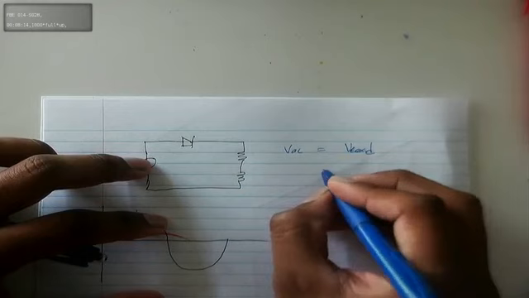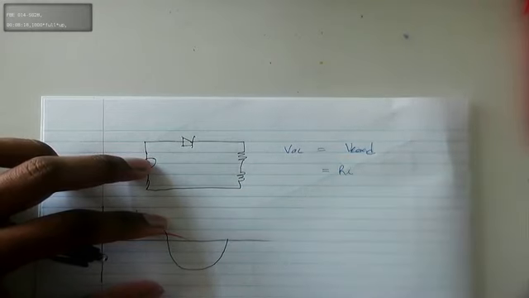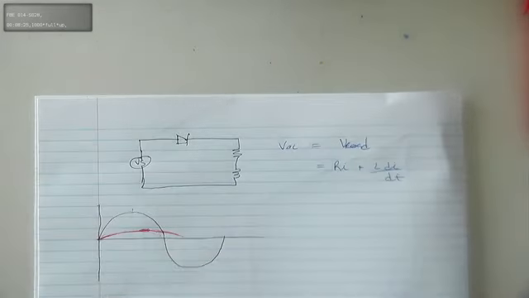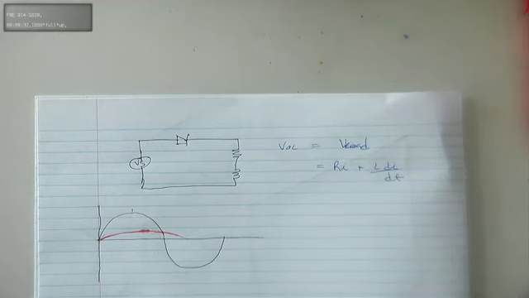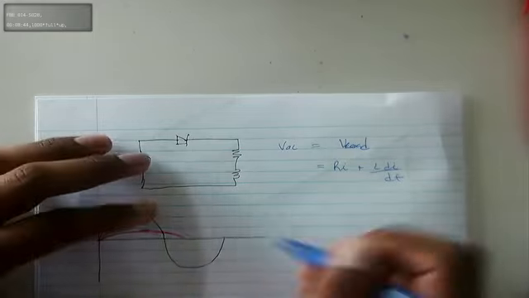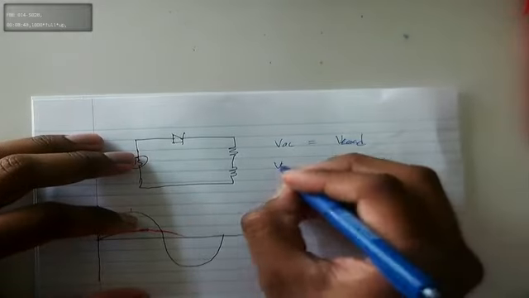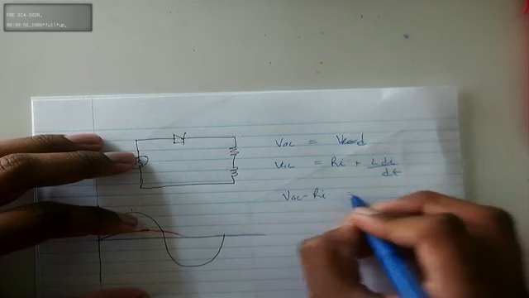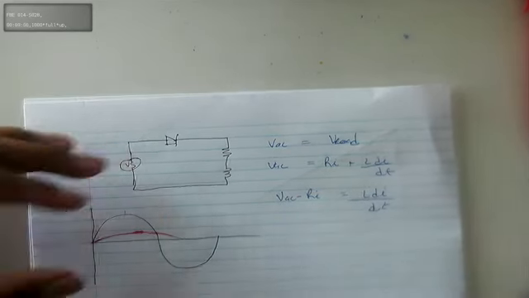Now what is going to be our V load? V load is going to be Ri plus L di by dt, the current times resistance and the inductance times the rate of change of current. Now if you want to find L di by dt, you will just get Vac minus Ri, which is going to be your L di by dt.